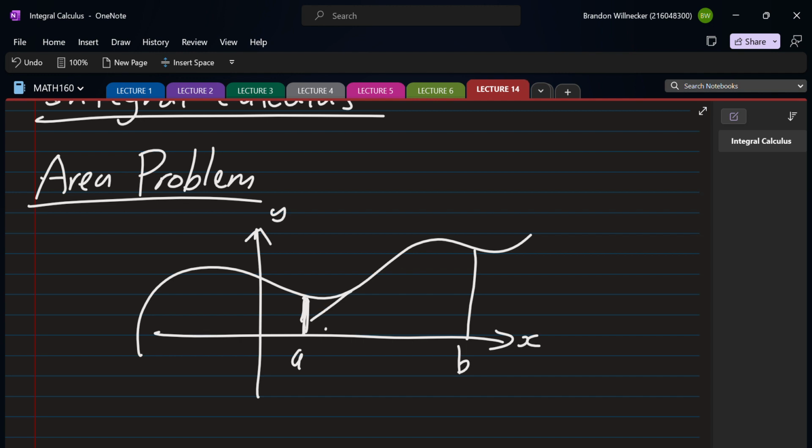We've got this region here. If I give you a function f of x that makes up this curve, your starting point a, your ending point b, what is this area? We call that the area problem.